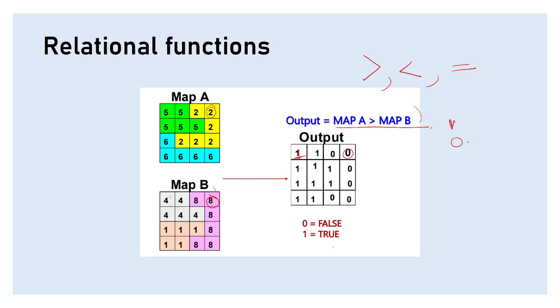Same thing here: 5 is greater than 4, and 6 is greater than 1, but 6 is definitely not greater than 8. Accordingly, you are giving true or false in the output. This is known as relational functions.